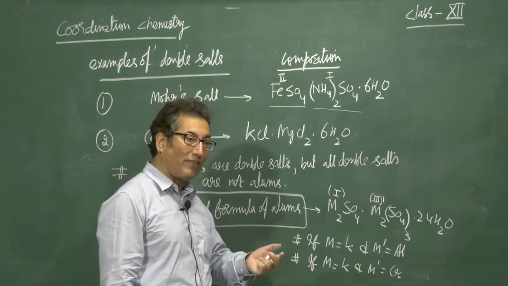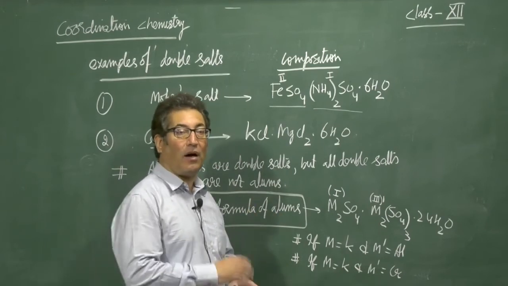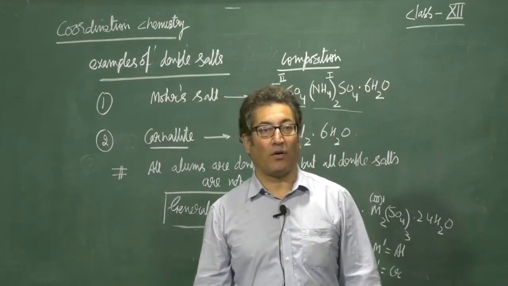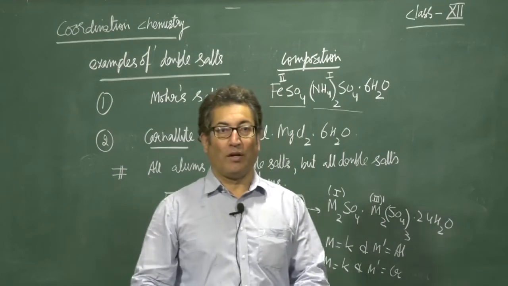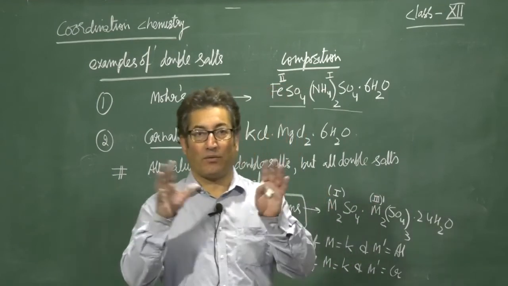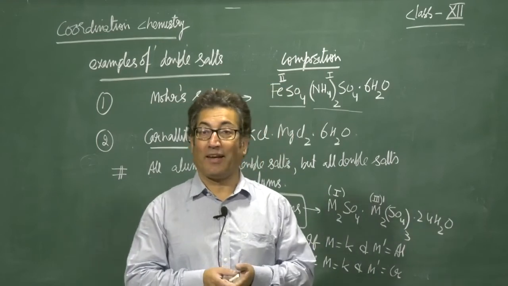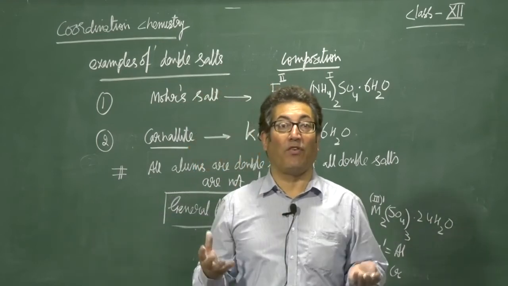The double salts as well as alums are types of compounds which are called molecular or addition compounds. So this was basically in the introduction part, that coordination compounds are naturally occurring, they can be synthetic. Now how do you define them?